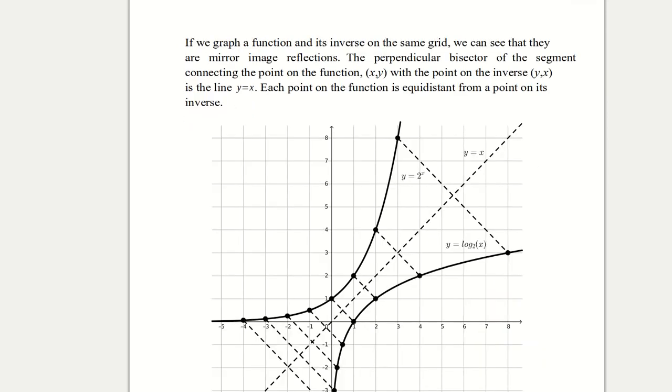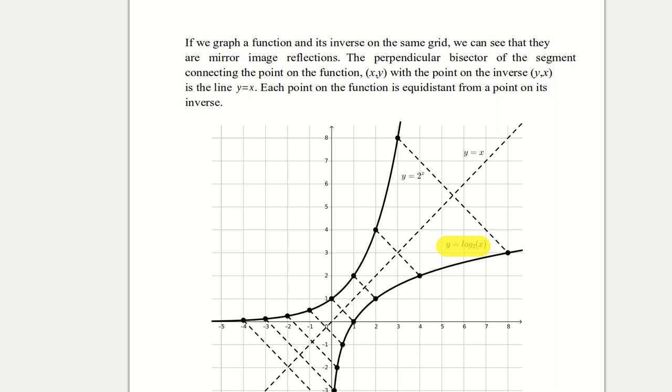If we graph y equals 2 to the x and the log base 2 of x on the same axes, we can see how they're related. They're a mirror image across that main diagonal, that line y equals x. That's the same line y equals x that we used when we were graphing the inverse given a function.